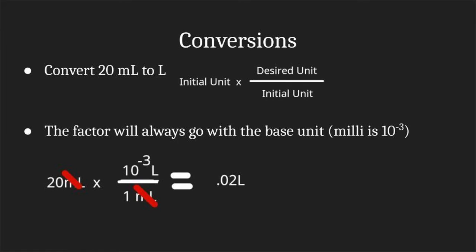Here we have milliliters, and milli is 10 to the negative 3rd. So you see on the top of the fraction, I put 10 to the negative 3rd liters because it's the factor and the base. And then on the bottom, I put 1 milliliter because that's equivalent to 10 to the negative 3rd liters. And then lastly, I just plug this into a calculator to get 0.02 liters.